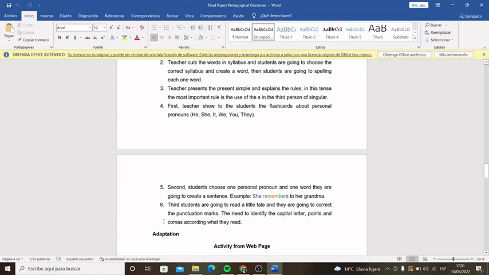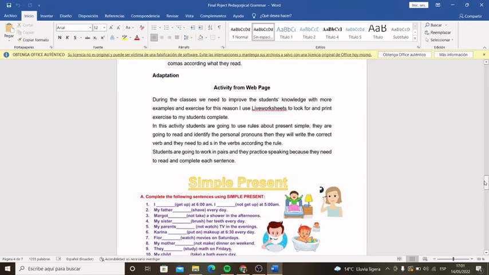Third, students are going to read a little tale, and they are going to correct the punctuation marks. They need to identify the capital letters, when they are going to use the capital letters, points and commas according to what they read. Okay? Now I have the adaptation activity.